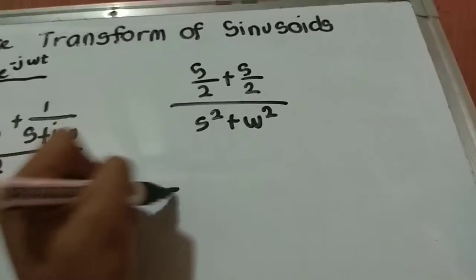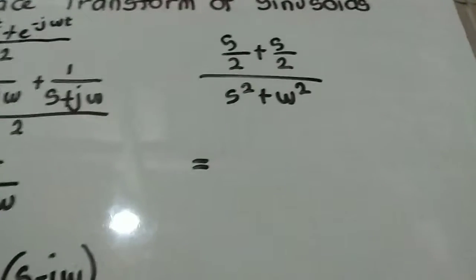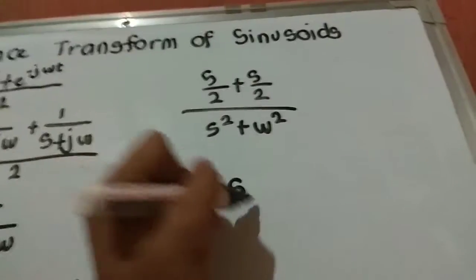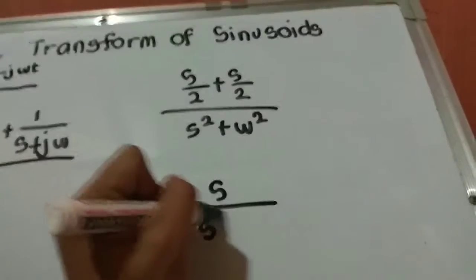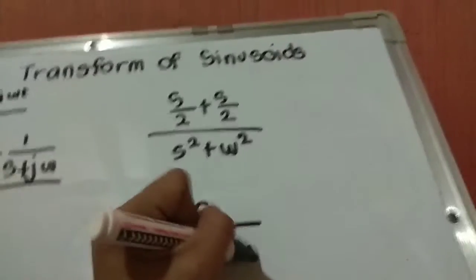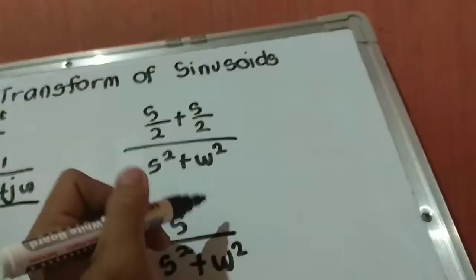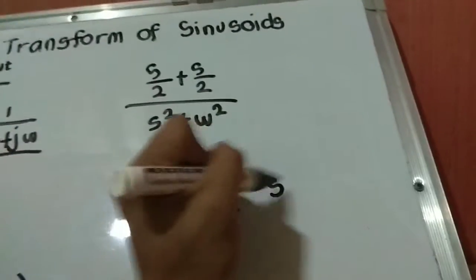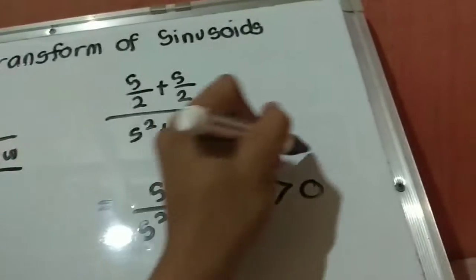So the Laplace of cosine omega t is equal to s over s squared plus omega squared, such that s is more than 0.